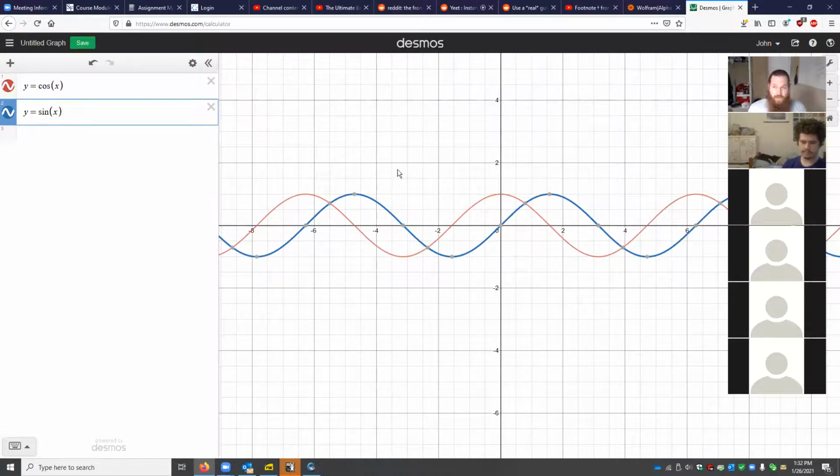Every continuous function, it turns out, can be expressed as a combination of cosines and sines. Sines and cosines are orthogonal, meaning they are in some sense perpendicular. Now, what does that mean? It's an abstract concept. Obviously, they're not arrows.